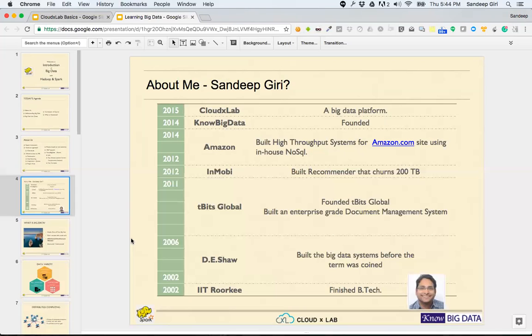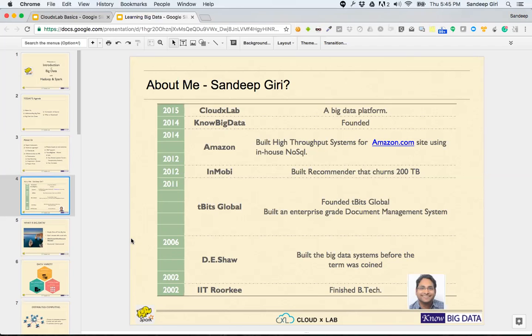Afterwards, I started a company called Tbits Global, which was built around the idea of providing an enterprise-grade document management system. This document management system was able to handle humongous data in a variety of formats. Then in 2012, I joined a company called InMobi as a data scientist, where I churned data of around 200 terabytes. 200 terabytes is humongous data.